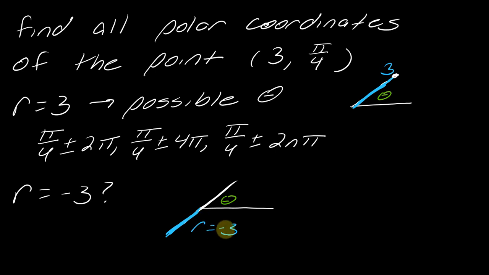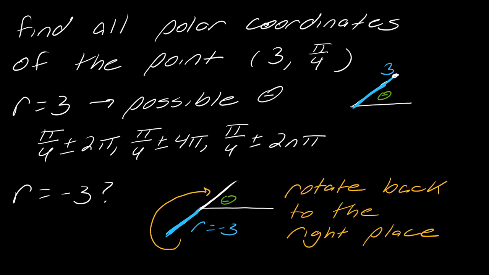And so the idea now is, how could I take this radius of r equals negative 3 and rotate it back so that it still makes this relationship that I want? Because I could totally do that, right? So I think it might be helpful to think about the unit circle just to wrap your head around this.